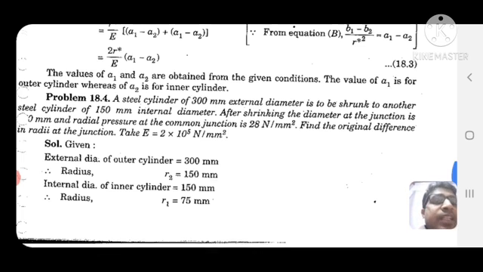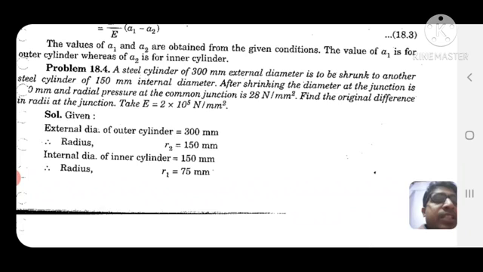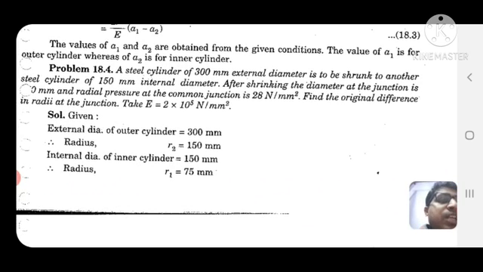A steel cylinder of 300 mm external diameter is to be shrunk onto another steel cylinder of 150 mm internal diameter. After shrinking, the diameter at the junction is 250 mm. Find the difference in radii at the junction, taking E equal to 2 into 10 to the power 5 Newton per millimeter square.